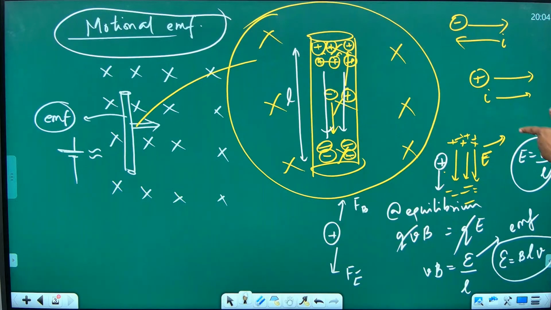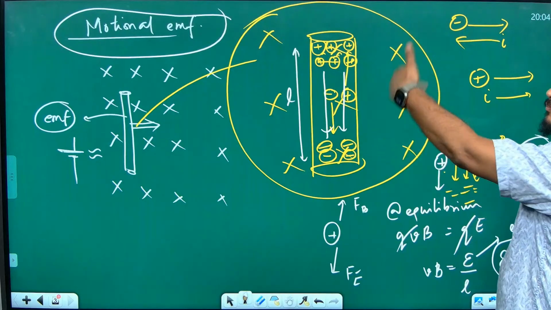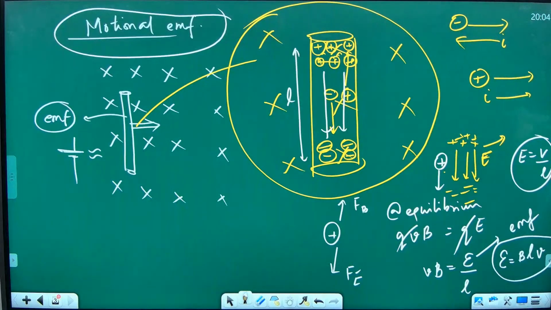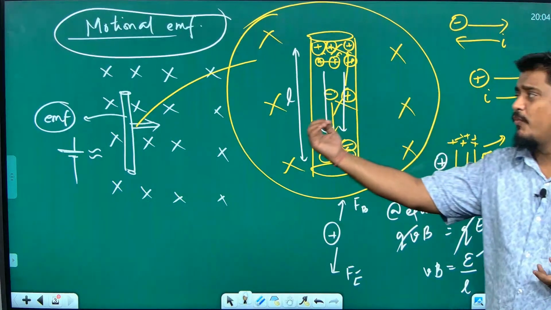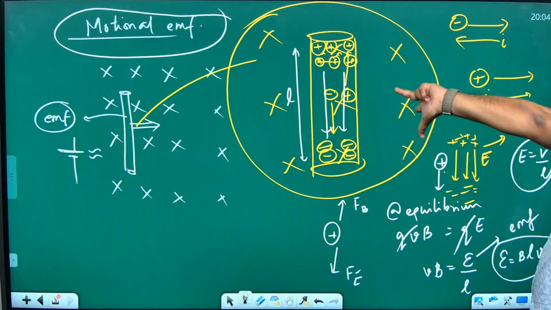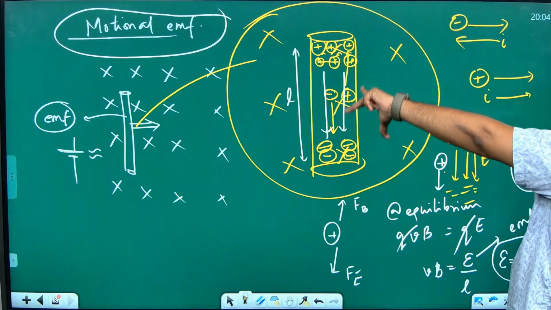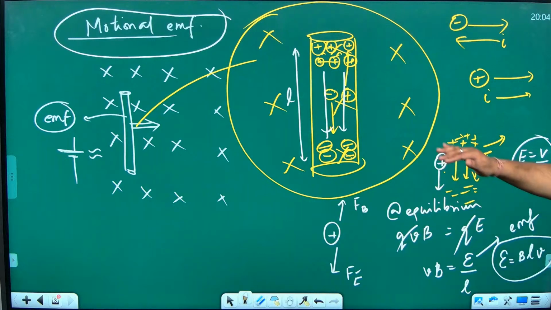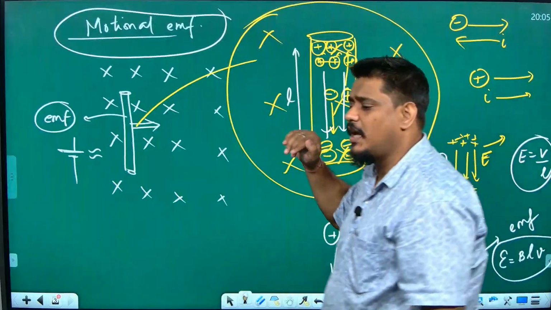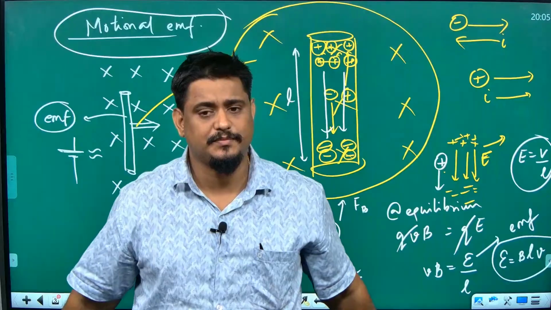So current direction is towards right and magnetic field is into the plane, so the force will act in the upward direction. That's why the positive charge gets deflected upwards. When a negative charge is moving towards right, it creates current in the opposite direction and the magnetic field is into the plane. So the thumb will go downwards, which means the negative charge will go downwards. So negative charge accumulates downward because of magnetic force and positive charge accumulates upward because of magnetic force. I hope it is clear.